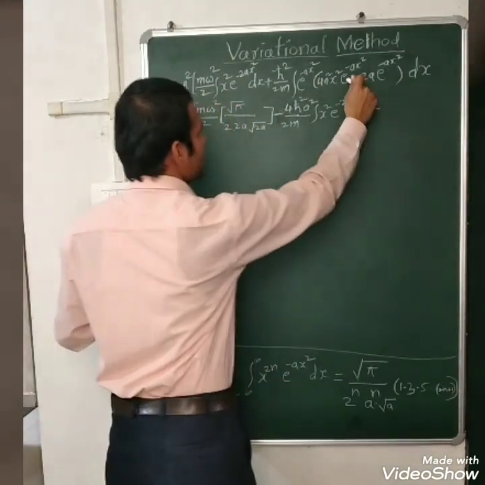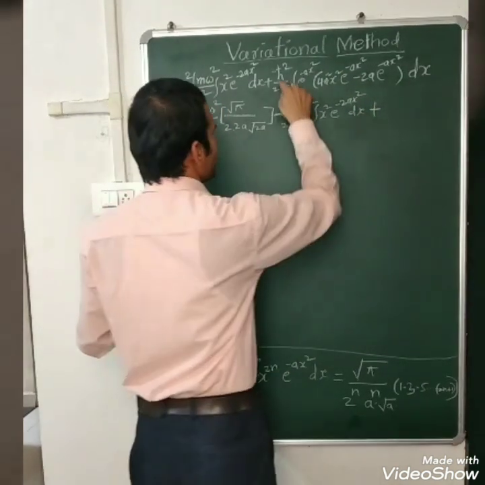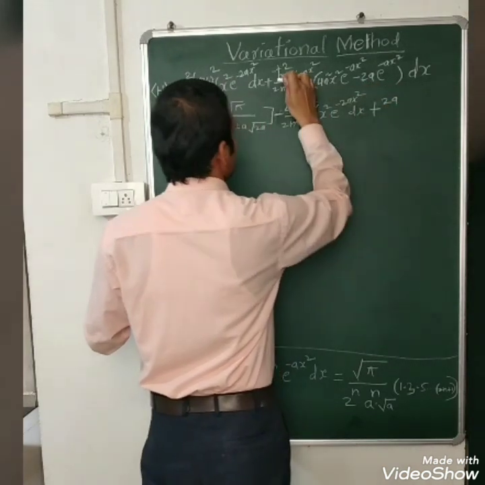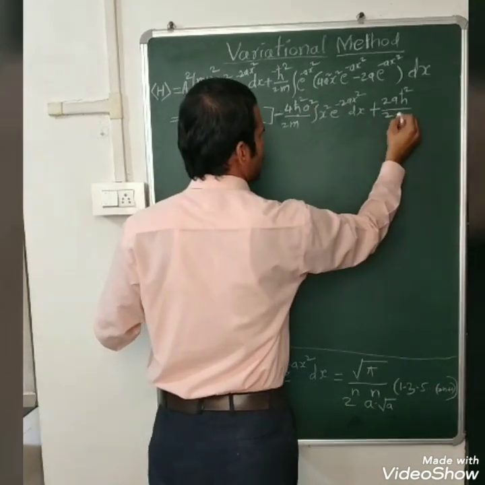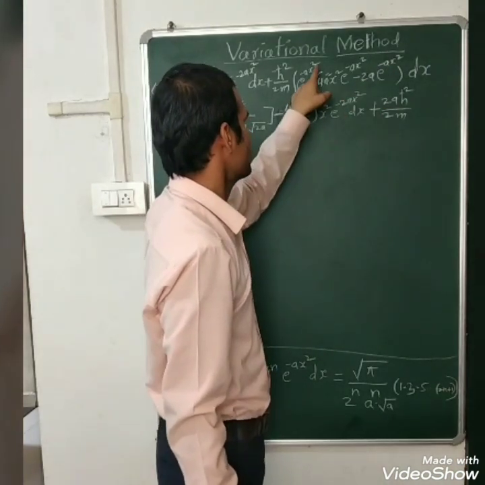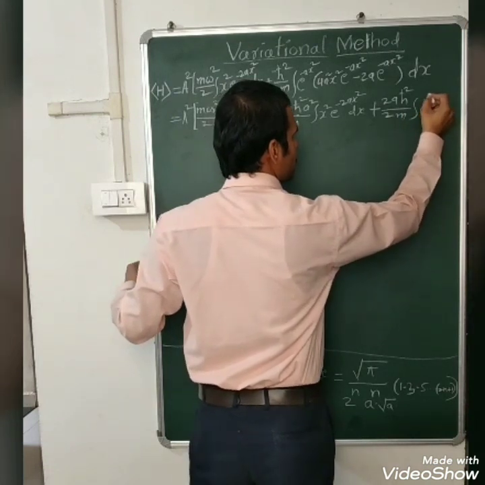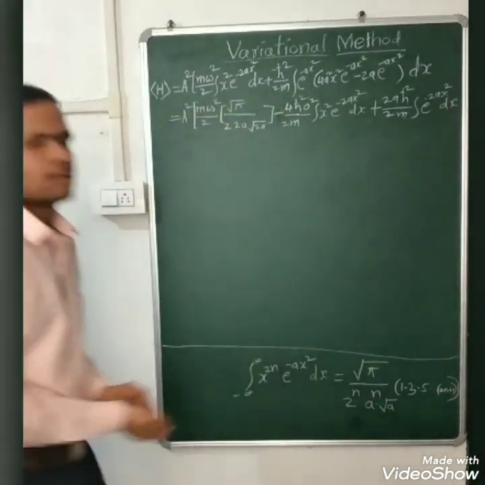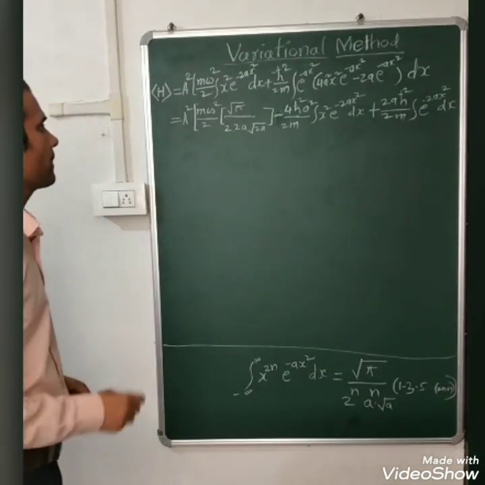Now this minus and this minus will become plus, and here this 2a is constant, minus h cross square as it is divided by 2m, and here again e raised to minus ax square, e raised to minus ax square becomes e raised to minus 2ax square dx. Okay, I think you understand this step.